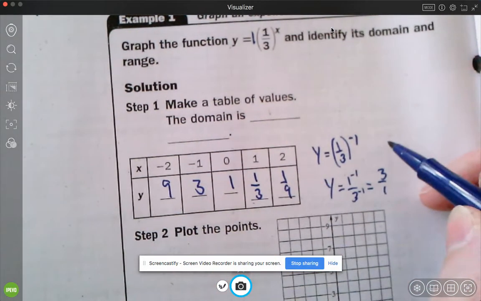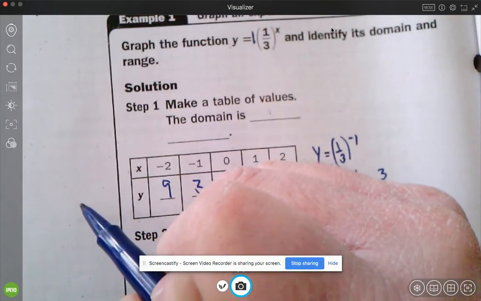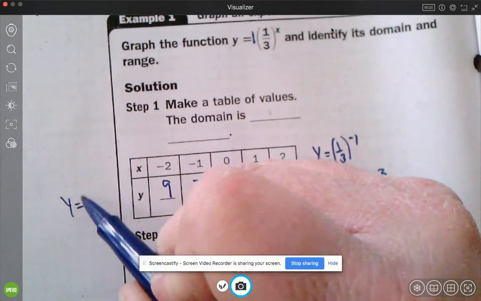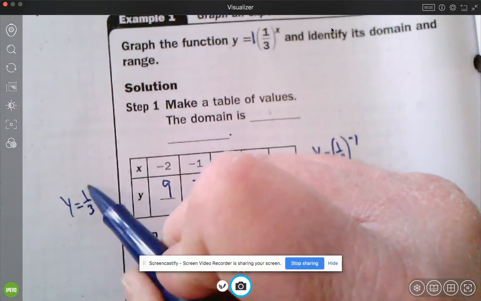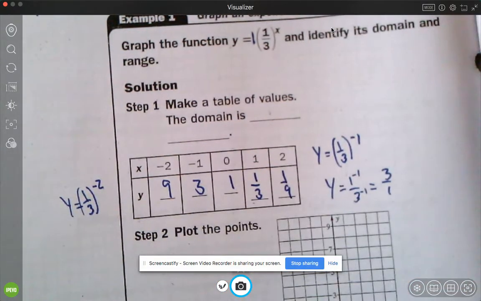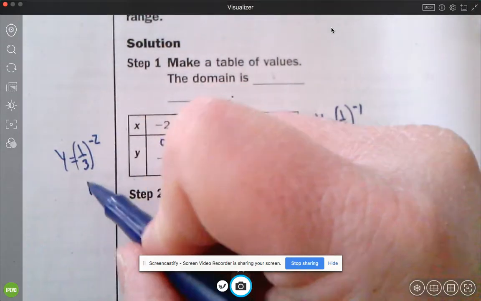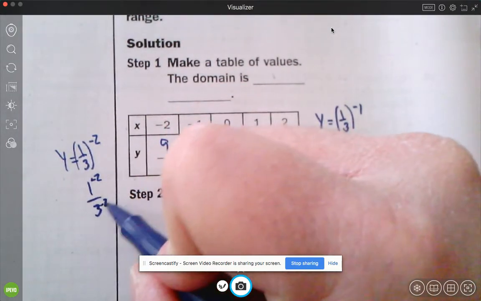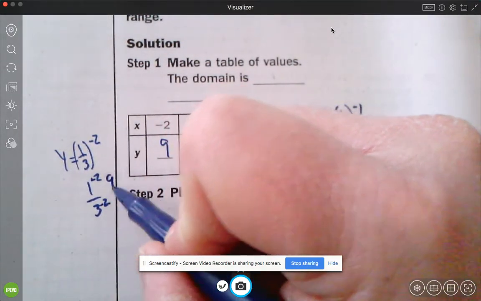And if you don't believe me, you can write y equals 1/3 to the -2. It's going to make both cross the fraction line and change the sign. So 1 to the -2, 3 to the -2, which is just 9/1.